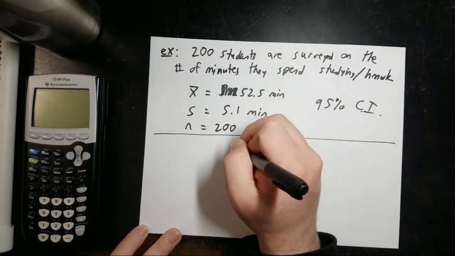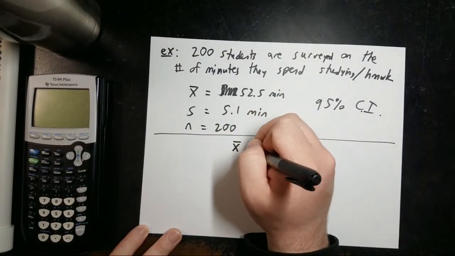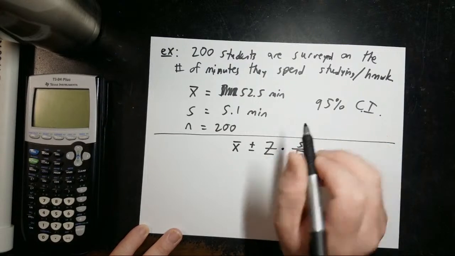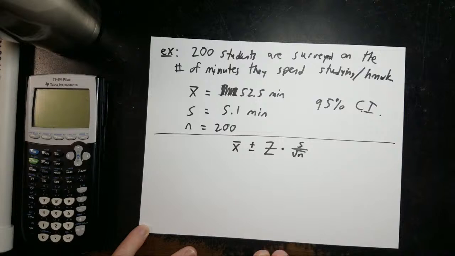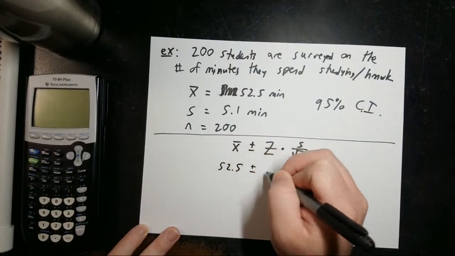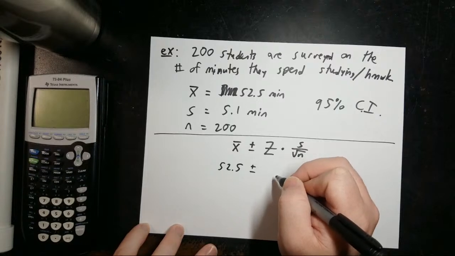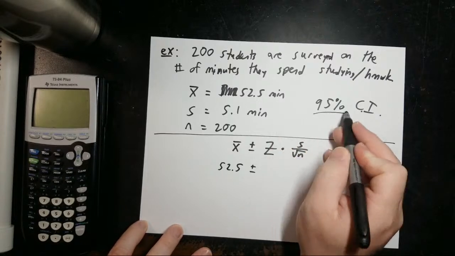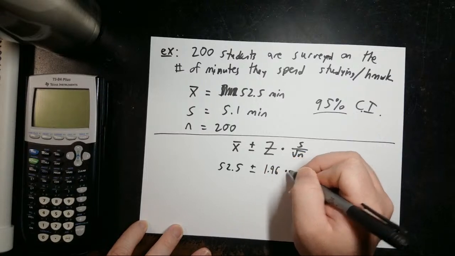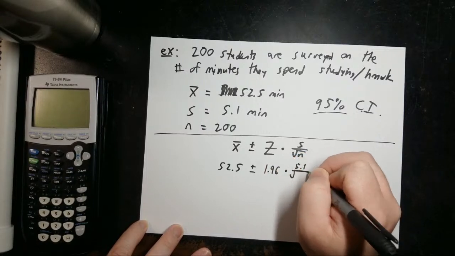Back to the formula. The formula was x bar plus or minus z times s over the square root of n. Now, that would be 52.5 plus or minus 1.96 times 5.1 over the square root of 200, the z for a 95% confidence interval.